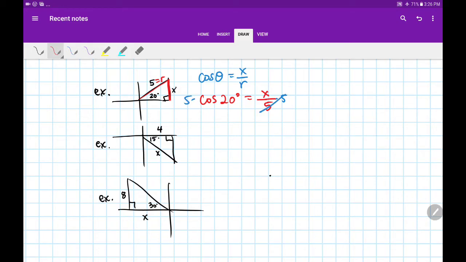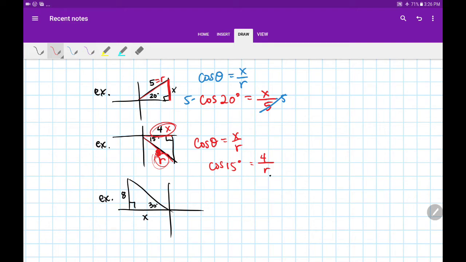The next example gives me, this would be x over here, and this is actually mislabeled. This is really r. So since that's what I need to solve for, again, x and r, I'll use cosine again. Cosine theta equals x over r. So it would be cosine of 15 degrees equals 4 over r. That's my x, that's my r.